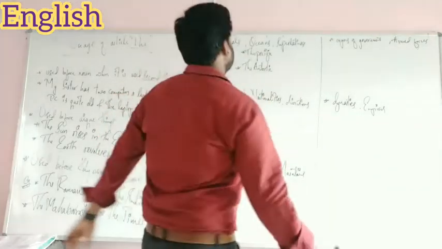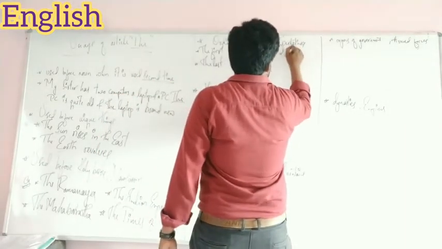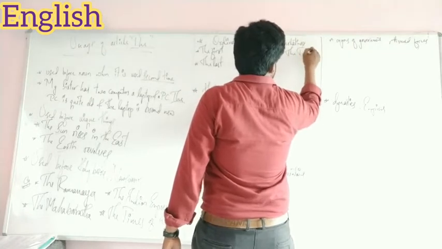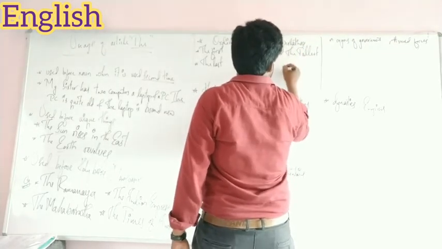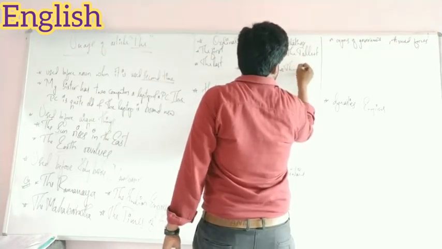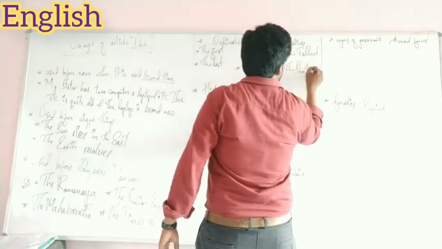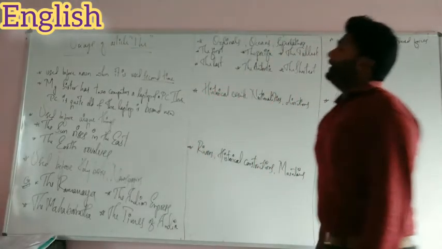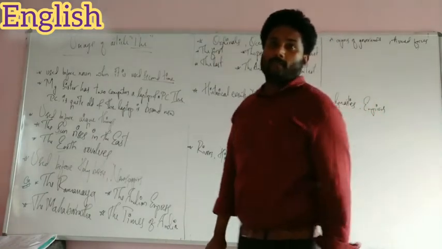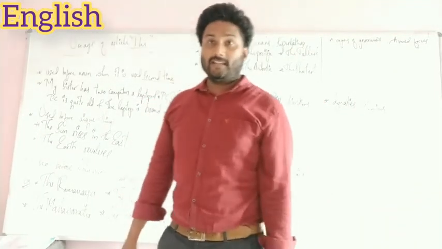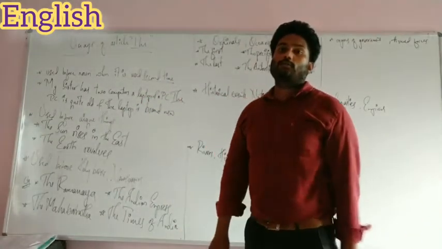And also superlatives: the tallest, the shortest. In ordinals like the first, the second, we should use the article.